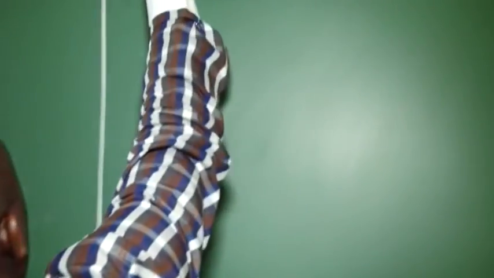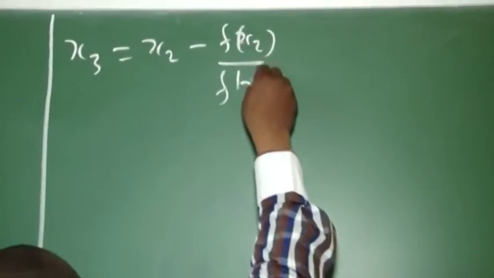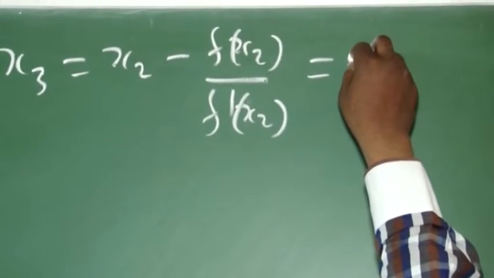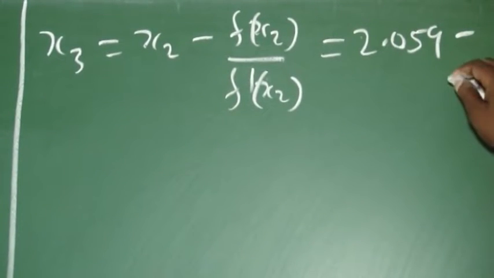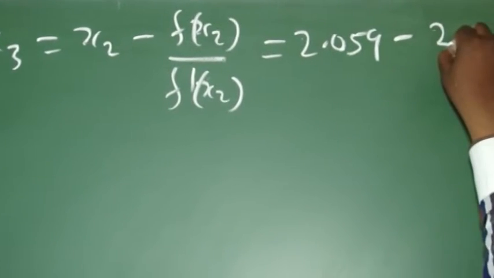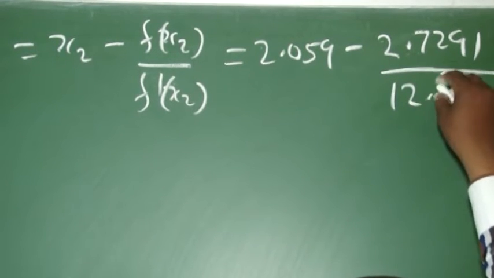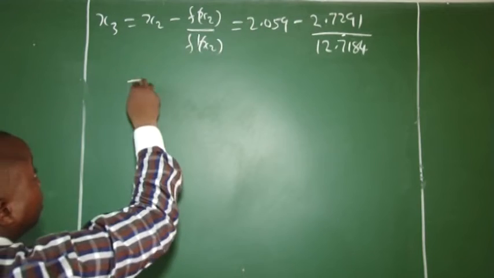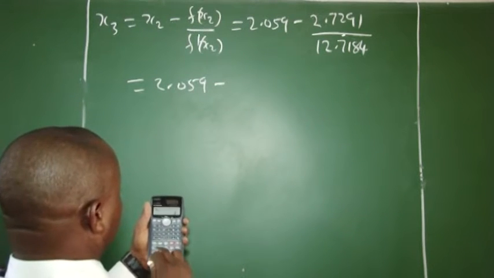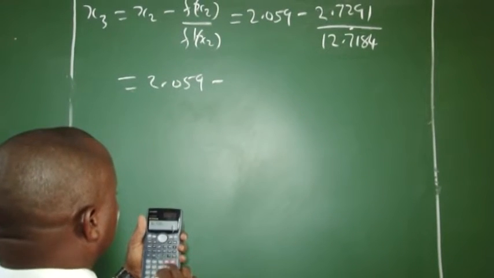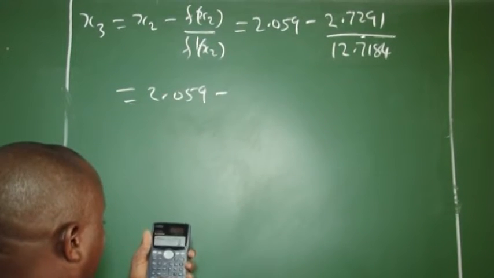Now x3 will be equal to x2 minus f of x2 over f prime of x2, which is 2.059 minus 2.7291 divided by 12.7184.